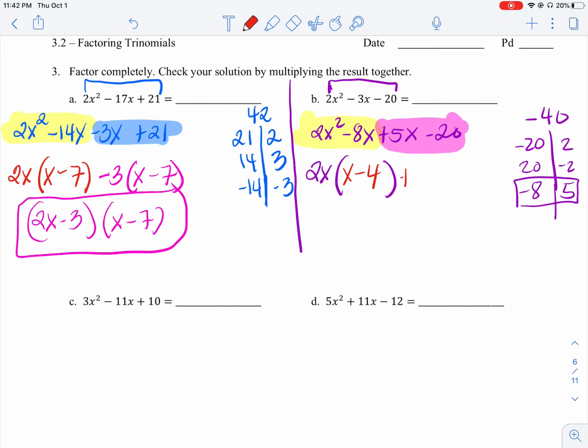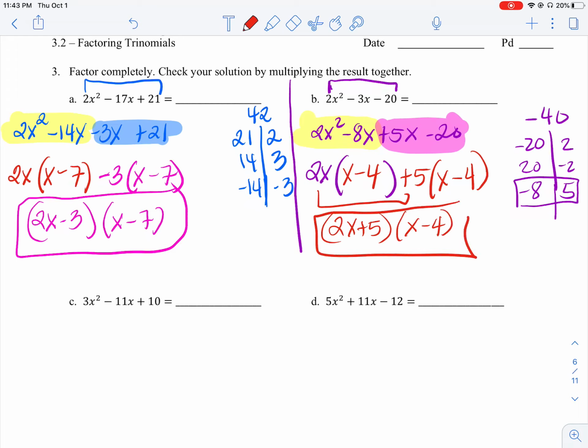I think a 5 is common. Then you do 5x divided by 5, you get an x. And then you do negative 20 divided by 5. That is a negative 4. So let's combine those two. 2x plus 5, x minus 4. So that is your final answer.